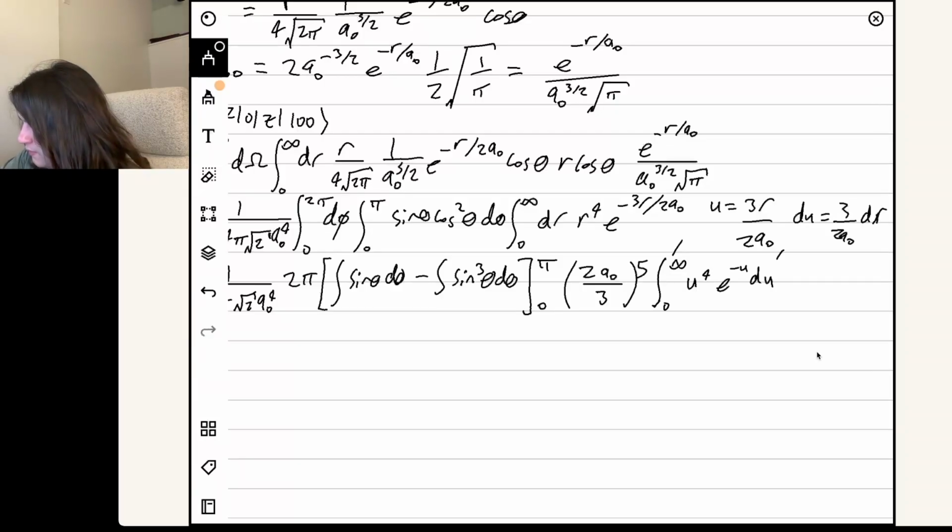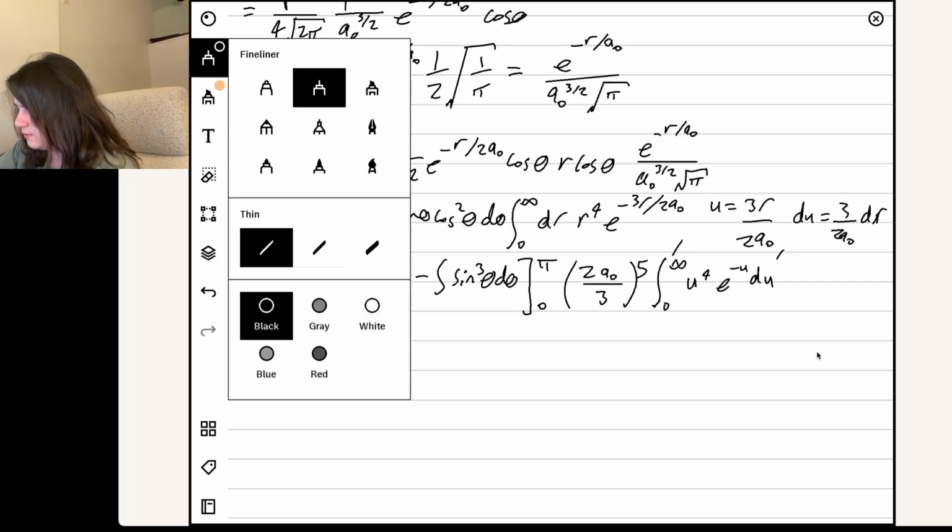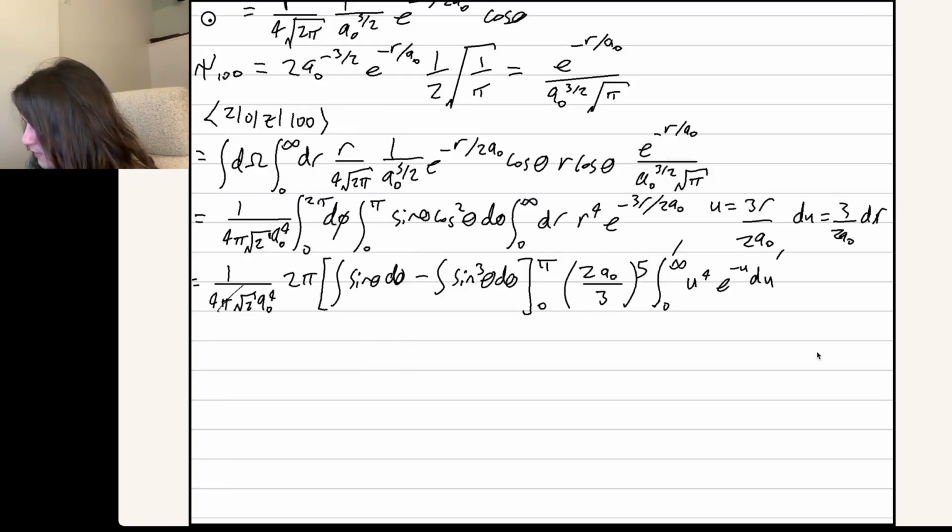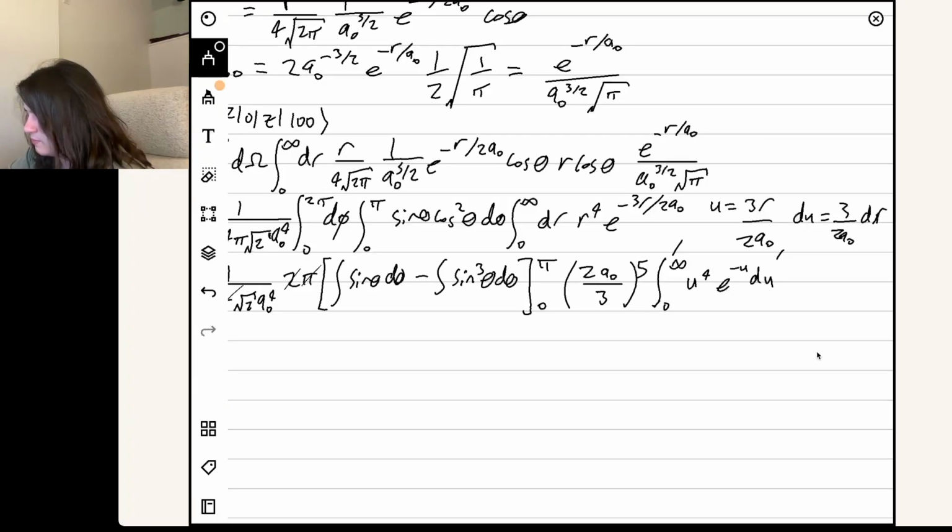Simplifying again, I see that we have pi's here that will cancel out. This 2 will turn into 2 on the bottom here, but then there's also 2 to the 5th over there. I think that's enough simplification for now, actually.